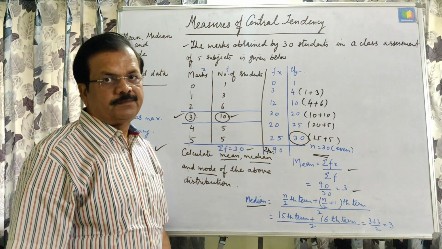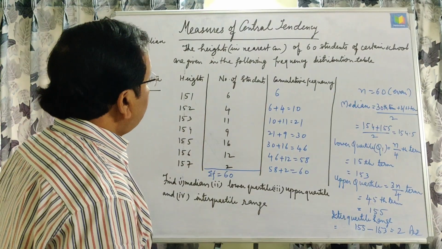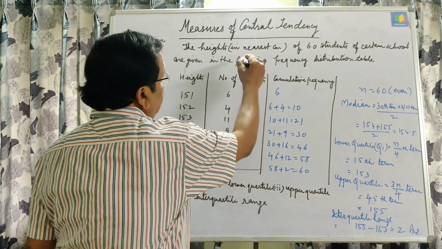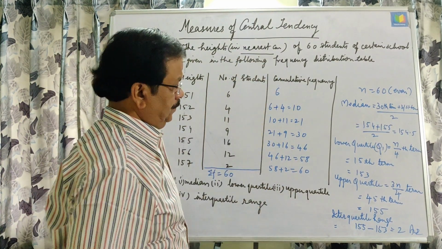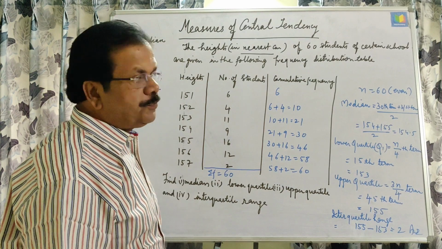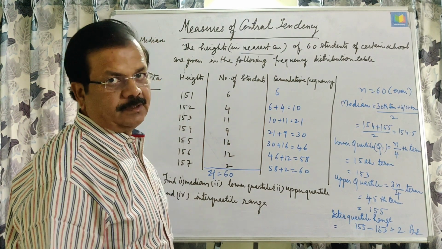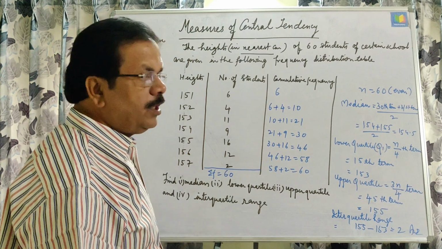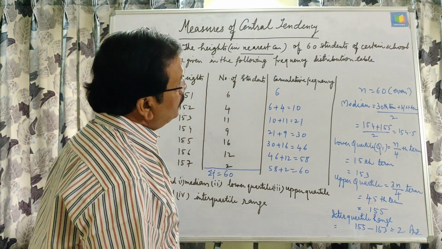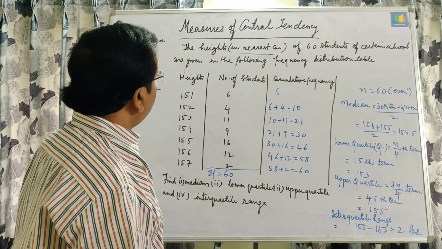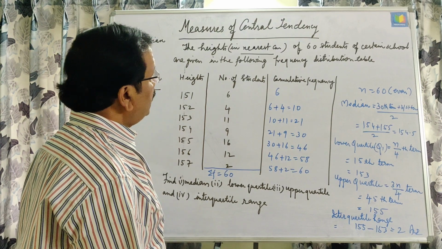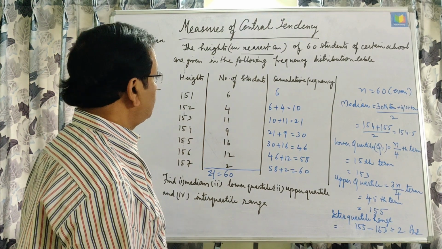Now the next question: the heights in nearest centimeter, we should follow this while writing the answer. Nearest centimeter, that should be a whole number, of 60 students of a certain school are given in the following frequency distribution table.